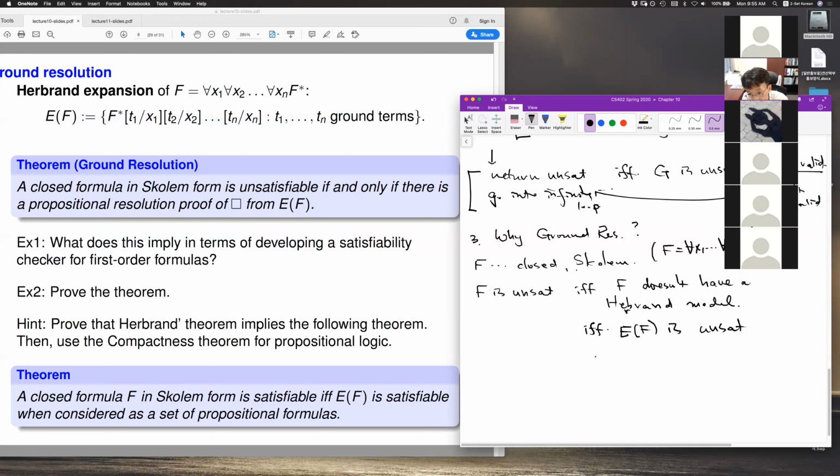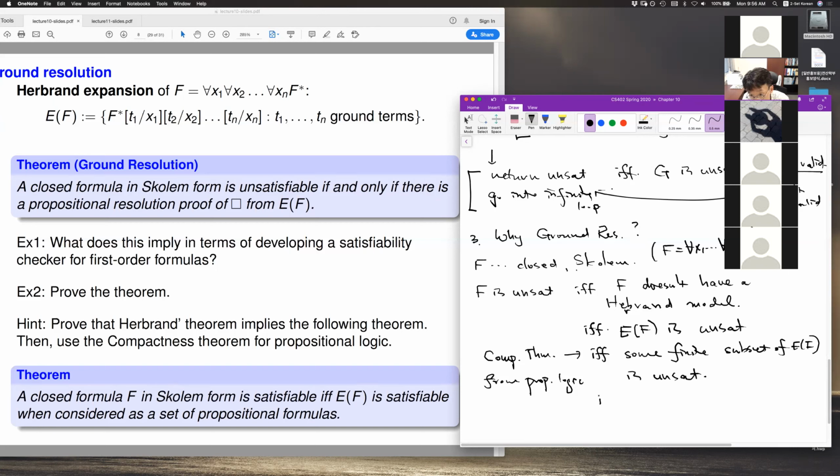And to this we can apply the compactness theorem from propositional logic. And then by the compactness theorem, this is unsatisfiable if and only if some finite subset of E of F is unsat.